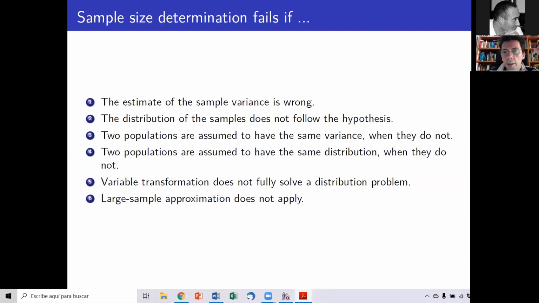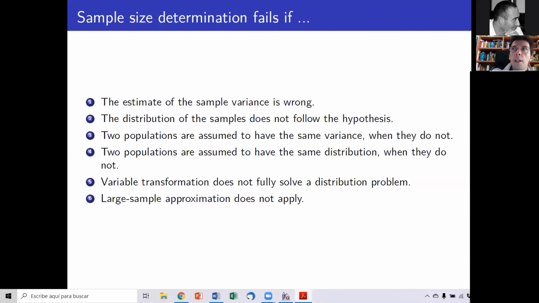So let's say that under the null hypothesis, things are Gaussian, but under the alternative hypothesis, the observations are not Gaussian. Then the sample size equation would be different in that case, and the one you have used, assuming Gaussianity on both sides, is not correct.